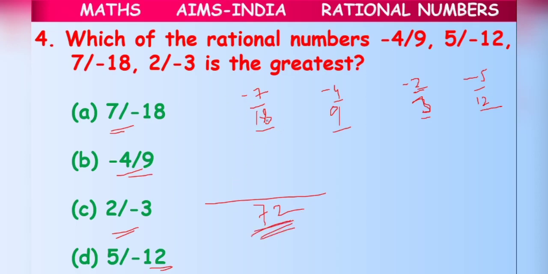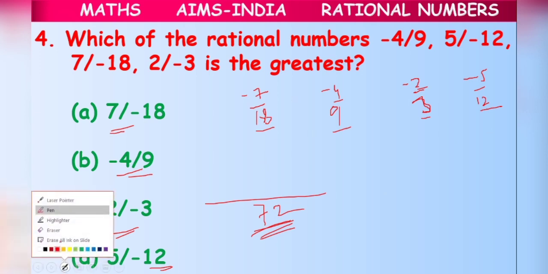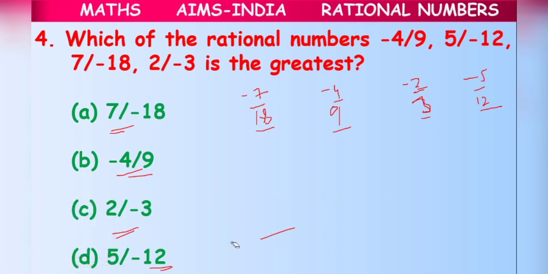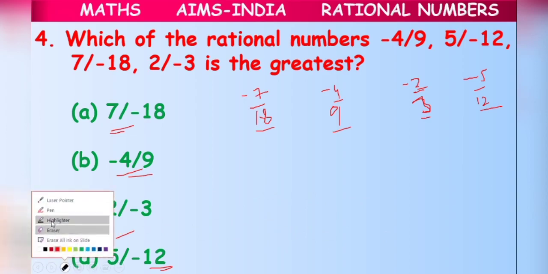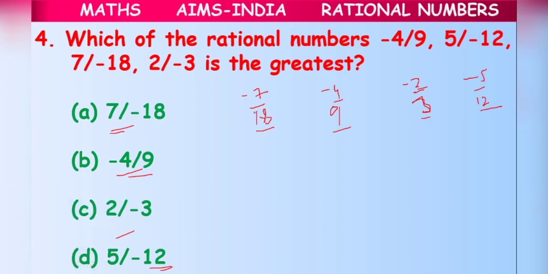Now after simplification, how to write with the same denominator? The time is getting completed. You can cross check the LCM later. Now we can write all the denominators with the same LCM.